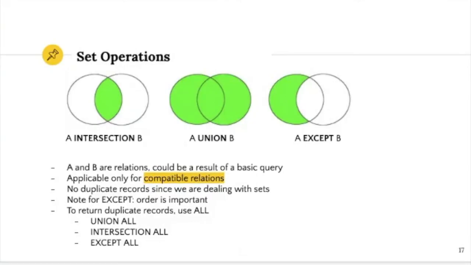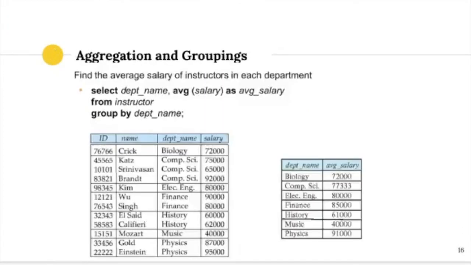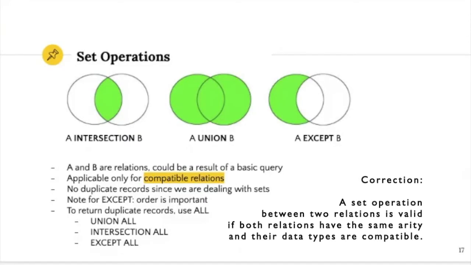So, katulad nga nung nabanggit ko, we think of the records as a set of elements. So, we can use yung mga operations like intersection, union, and except. Pero, ang important to note ay dapat yung mga tables na tinatry natin i-intersect or i-union at i-except ay compatible.